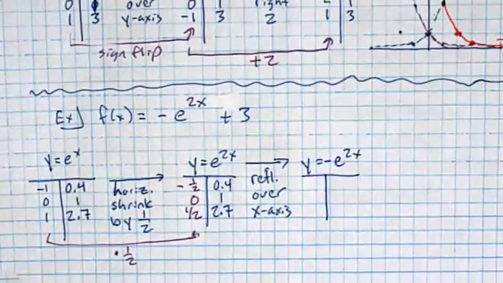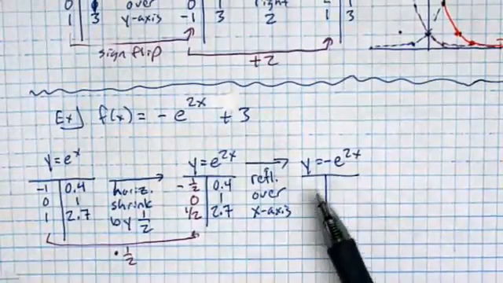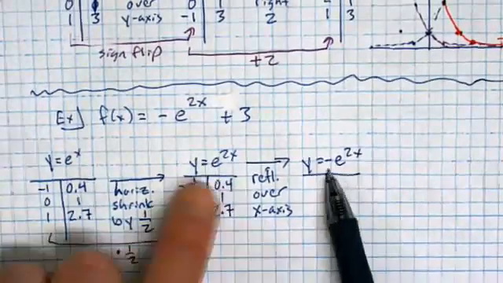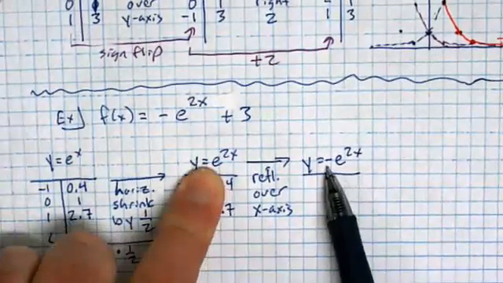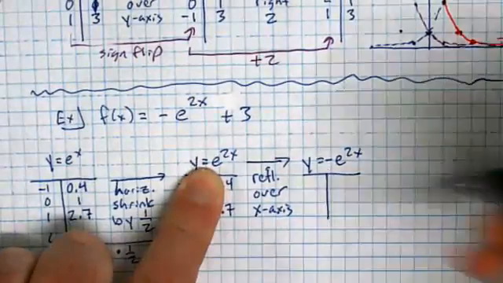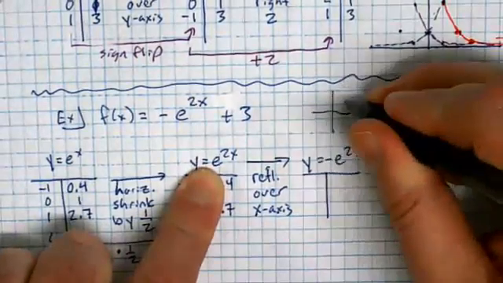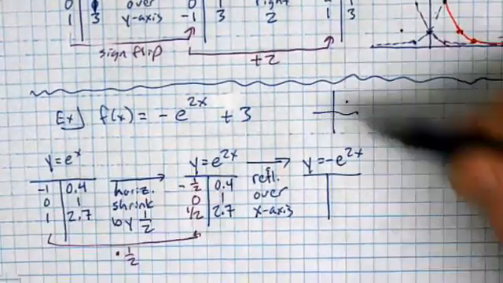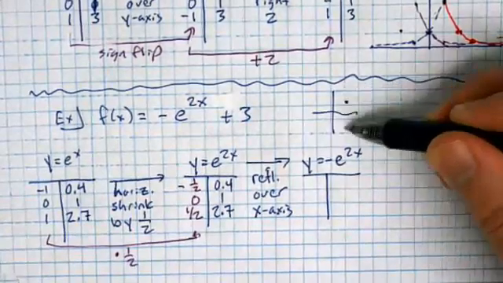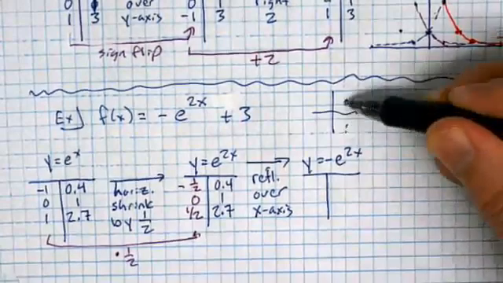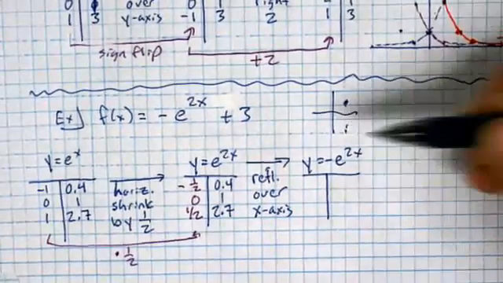The question was, why is it over the x and not the y? The negative is happening on the outside of the function. On the outside of the function causes things to move vertically. So if you think about a point in the first quadrant, if I'm going to move that point vertically and reflect, it must be reflecting over the x-axis. Does that make sense? That's kind of my link.